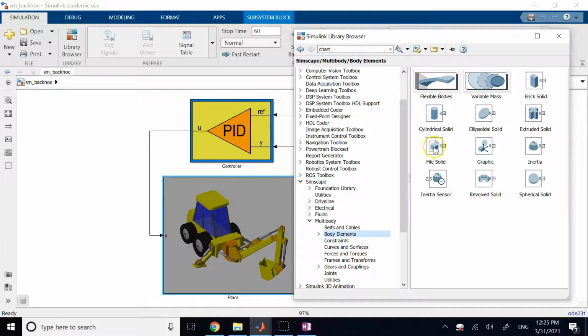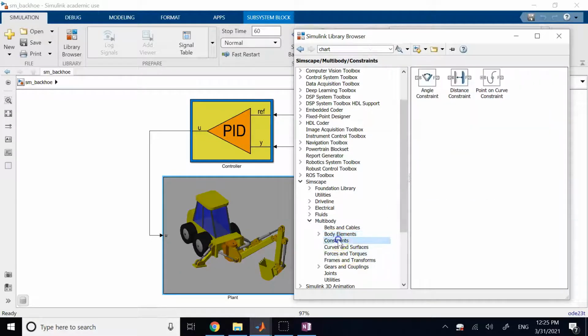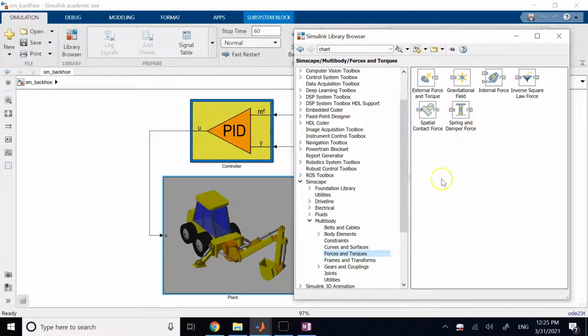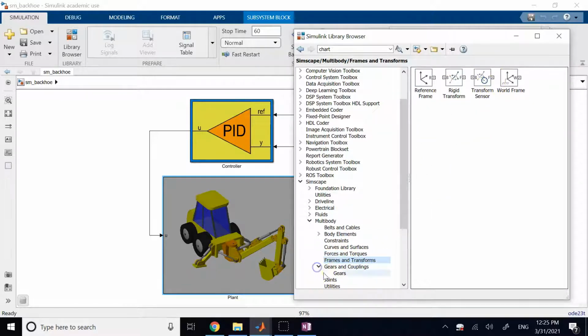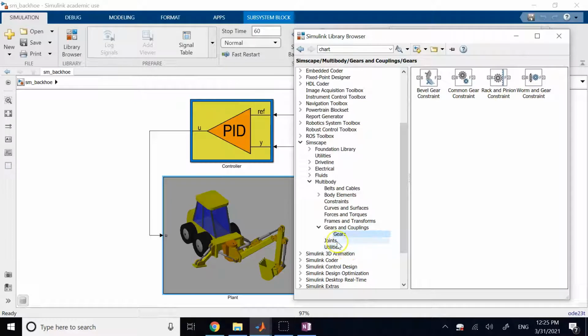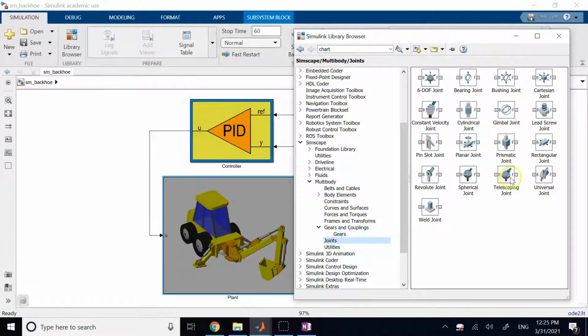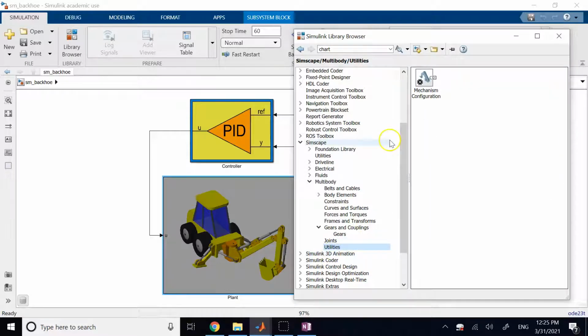And then File Solid, with which you can bring in an STL. You have different types of constraints, different types of curves and surfaces, different elements for force and torque, coordinate systems, gears and couplings, different types of joints with different degrees of freedom, and utility blocks.